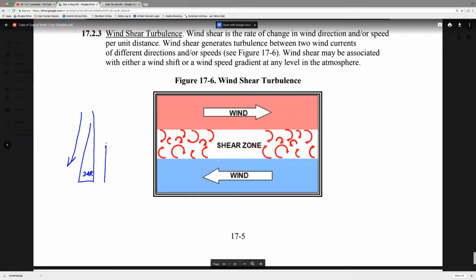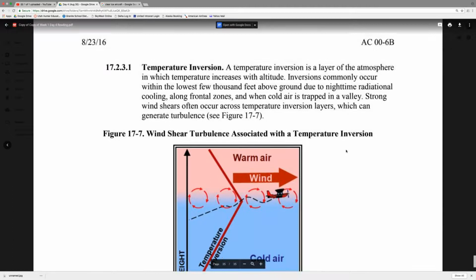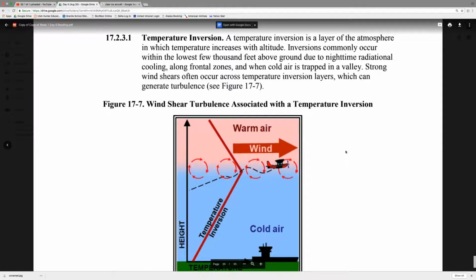If you have a tailwind, all of a sudden, rather than producing great amounts of lift, the tailwind will slam you down into the ground. You'll descend a lot more rapidly. So if you're not expecting it, it could be deadly. You could end up extremely short of the runway.